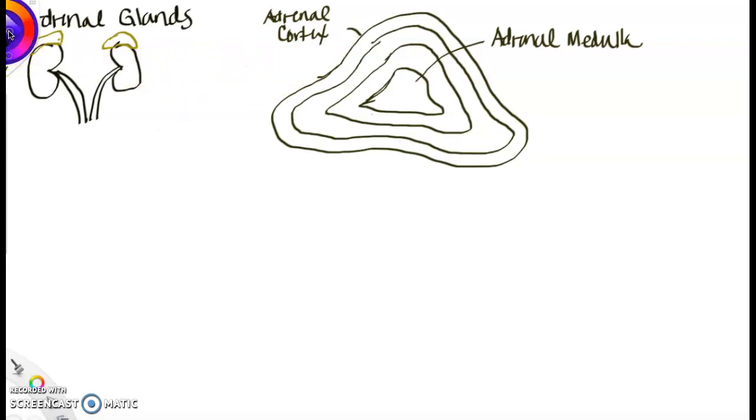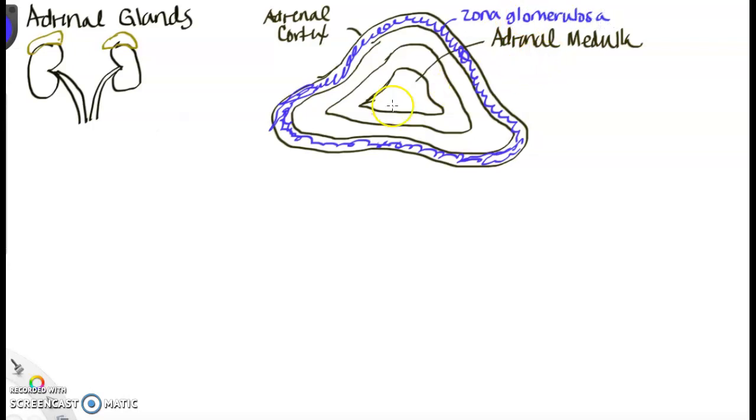And this first one here, the one on the outside, I'm going to color in this little sort of blue color. So this outside zona is called the Zona Glomerulosa. The middle one, do this like a pink.